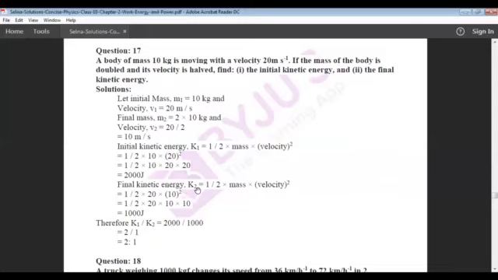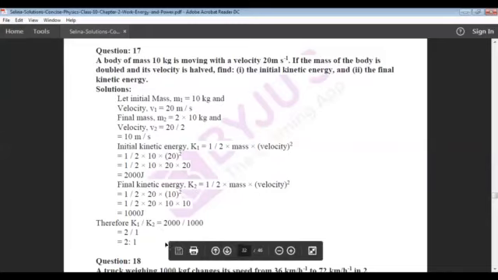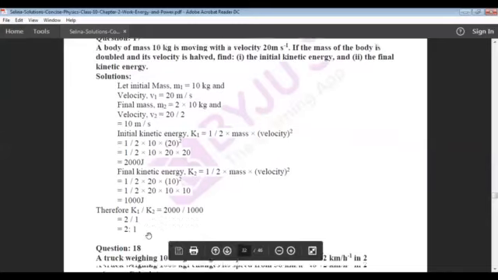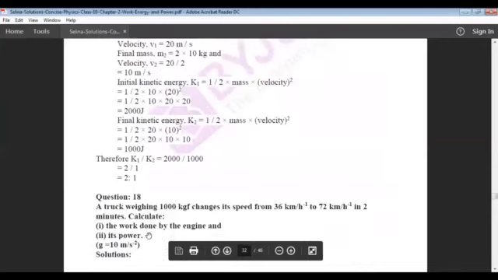So you're going to get the final kinetic energy as 1000 joules. Therefore, the ratio of initial kinetic energy to final kinetic energy is 2000 divided by 1000, that is 2:1.